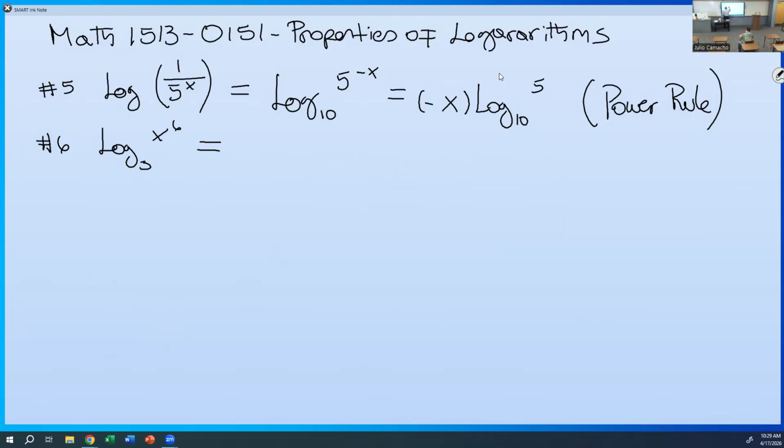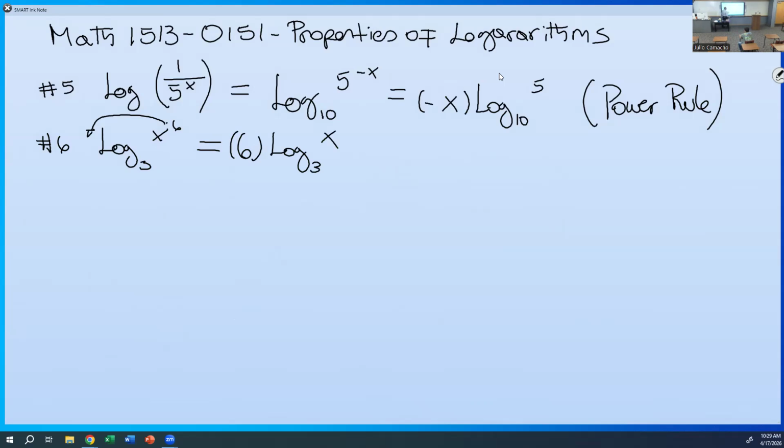So we have the log base 3. According to the power rule, this 6, the exponent of the exponent, goes to the front. You have a 6, and you can put in parentheses the log base 3 of x.